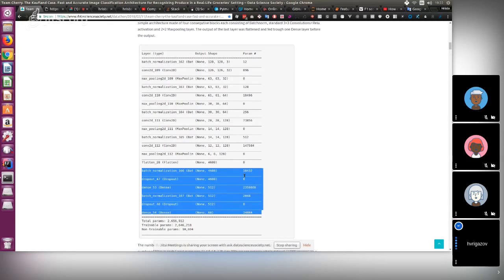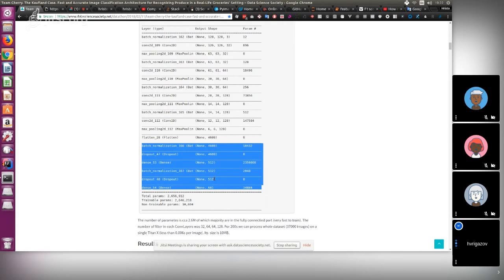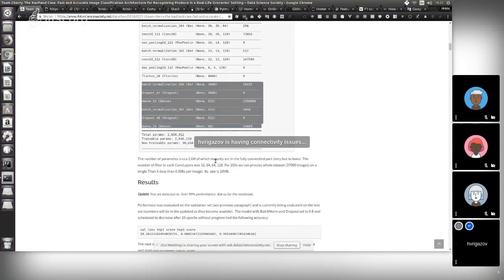Our final model has just one layer less in the classification part than VGG16, and this is why we think it's more lightweight. It achieved 90% top one accuracy on the test set, which is completely unseen, and 99% top three accuracy.